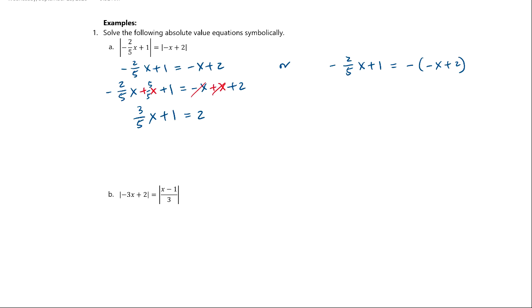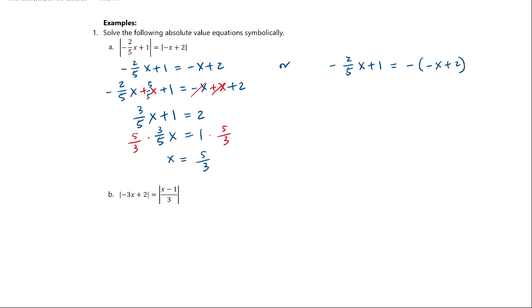And to isolate the variable term, we can subtract 1 on both sides, and we'll get 3/5 x is equal to 1. To get the end result, we can multiply 5/3 on both sides, and therefore I would get x is equal to 5/3 for the first scenario.